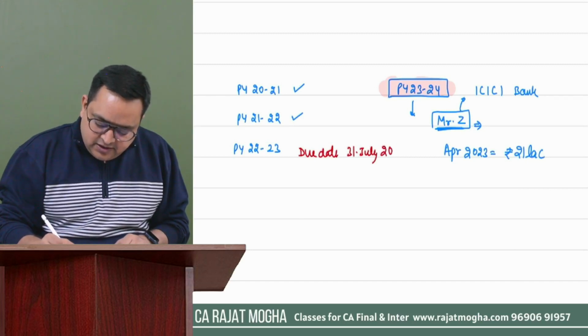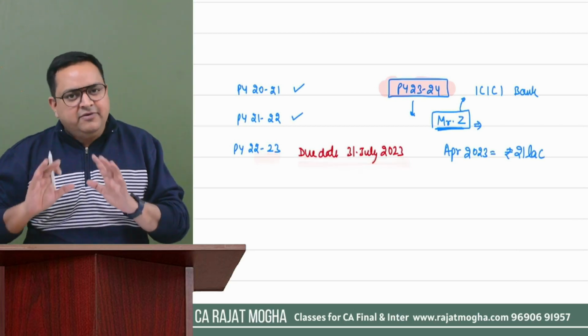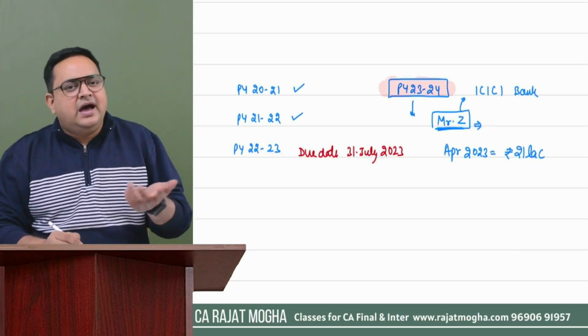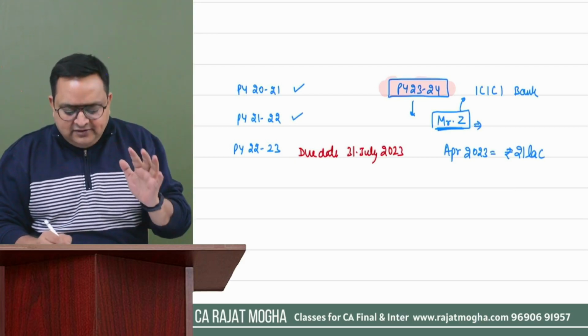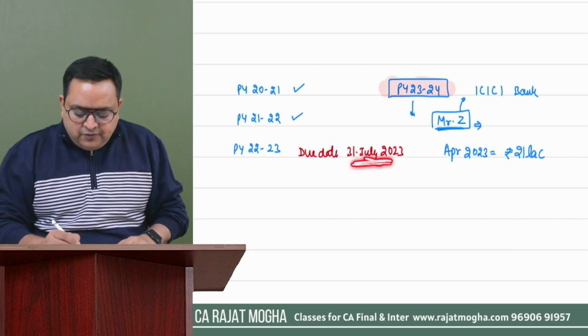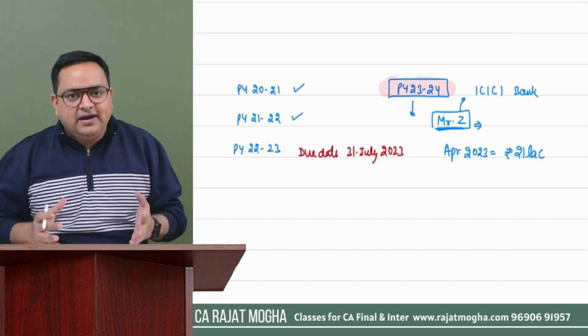This is the due date of this year's return, and I'll be filing somewhere in the month of June or in the month of July, that is on or before this due date. So I am in the category of filer.